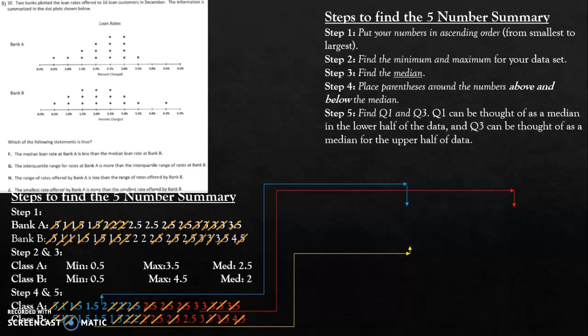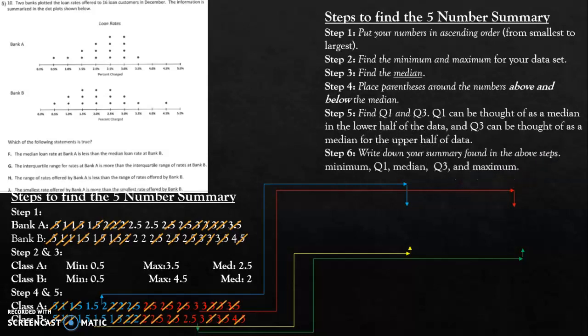For quartile 3, I have both of them being 3, so my quartile 3 is going to be 3 for bank A. For bank B, both of them are 1.5 for quartile 1, so quartile 1 is 1.5. And for the other one, I have a median between 2.5 and 3, so when I add this together, I get my average.